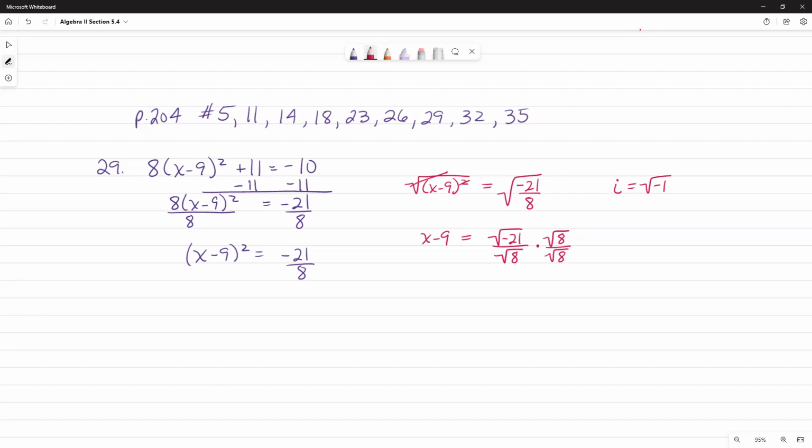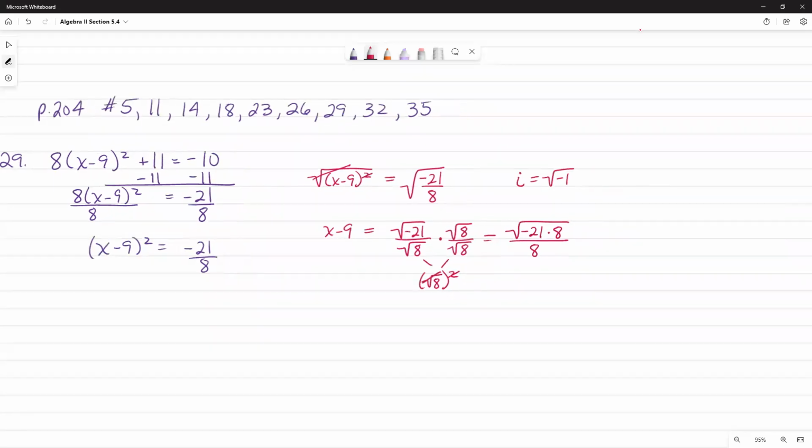All right, and so this gives me the square root of negative 21 times 8 over the square root of 8 times the square root of 8, which is 8, right? So by doing this, we've created the square root of 8 squared, and those cancel each other out, and we're left with 8. So now we've gotten rid of the radical in the denominator.